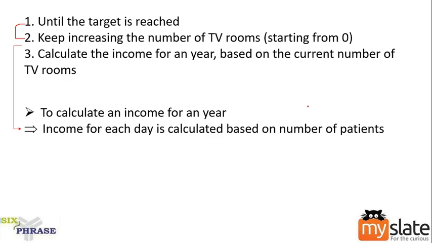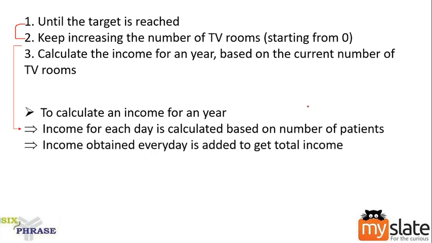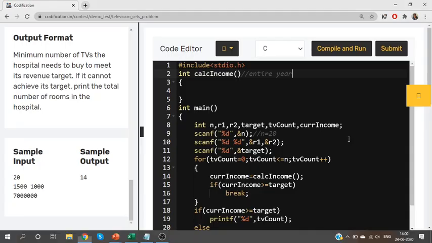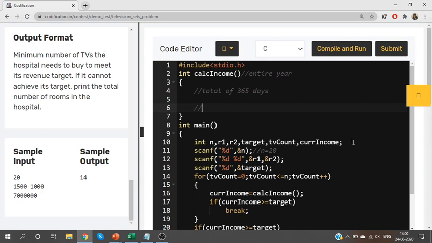Okay. After you calculate the income for each day, add all the income values. Income obtained every day is added to total income. Can you understand? Calculate income for each day. We have a total of 365 days. Right?